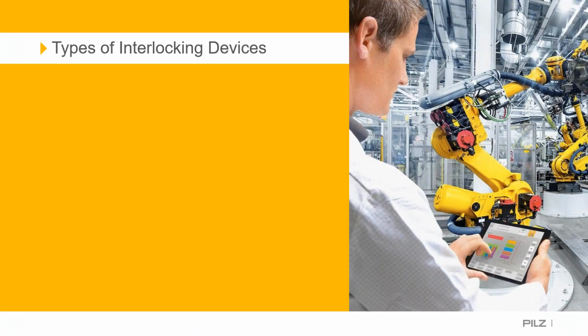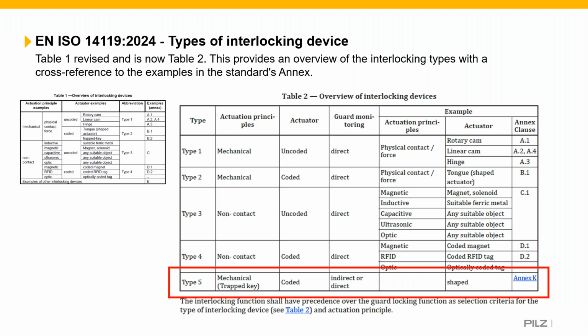So I've been mentioning types and things like this. So there are various types of interlock. And you can see there that what was table 1, the small picture on the left-hand side, that's been revised and updated. It's now actually table 2 in the new version of the standard.